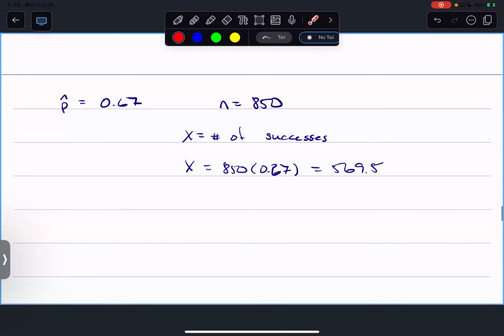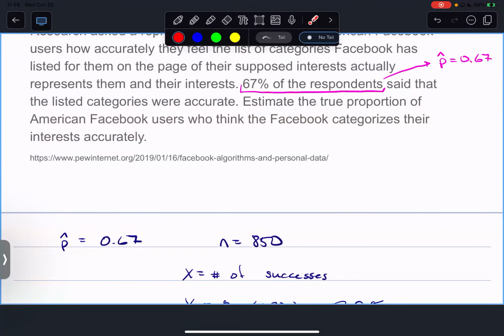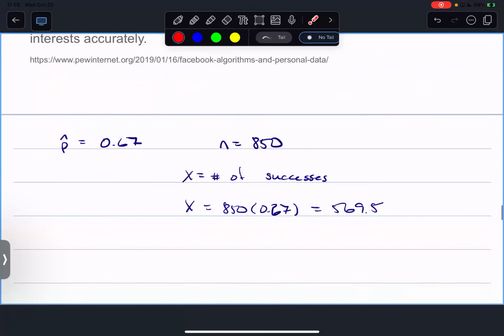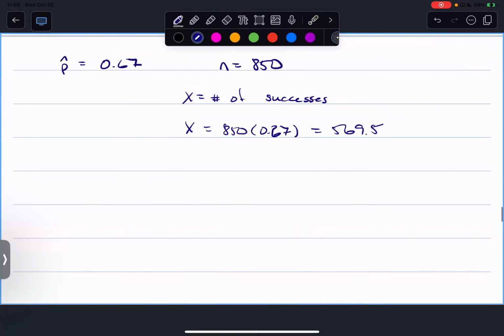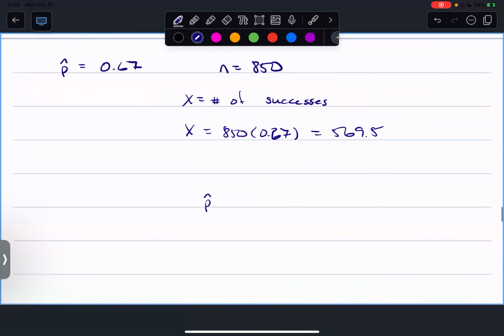What we want to do is estimate the true proportion of Facebook users who think these categories are accurate. I'm going to start with my p hat, and I want to go down a little and up a little. We'll see how much.